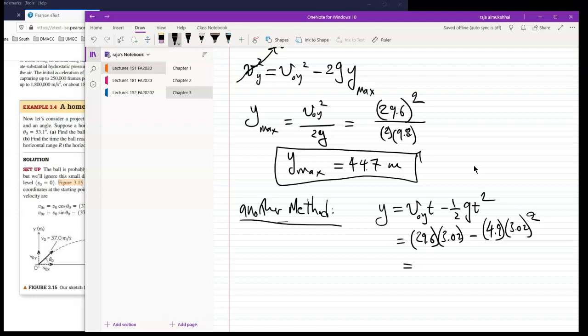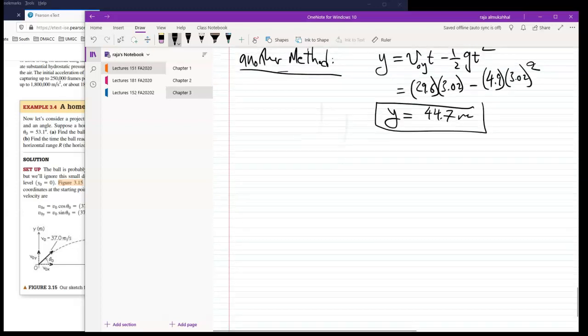Can you do it in one shot? 29.6 times 3.02 minus 4.9 times 3.02 quantity squared. Answer 44.7. There we go. See that? So that's another method of doing it.